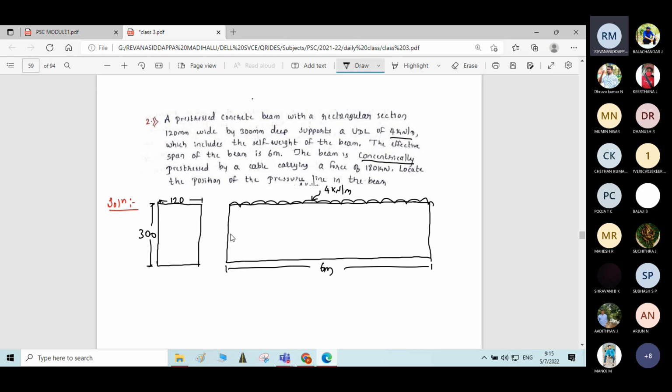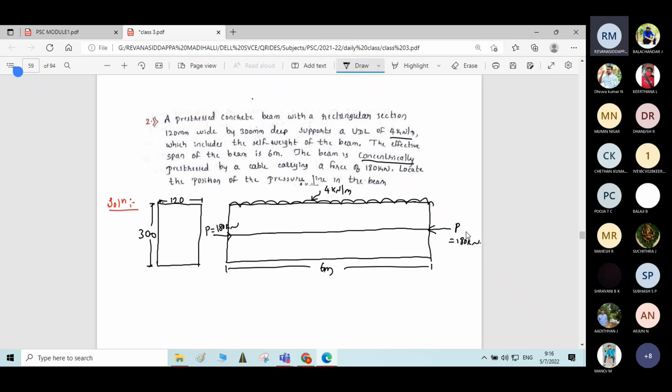Okay, let me write the cable along the centroid of the beam, so that concentric pre-stressing force having the magnitude of 180 kilonewton.